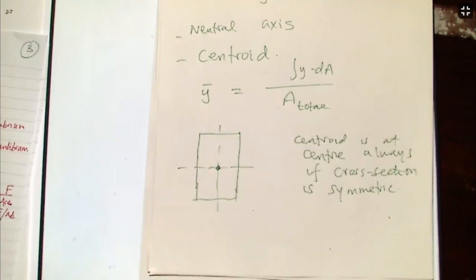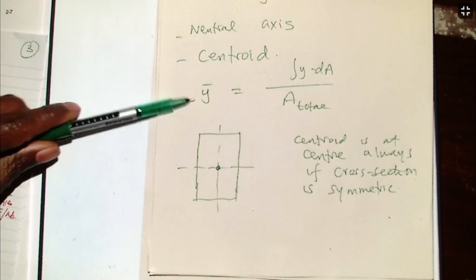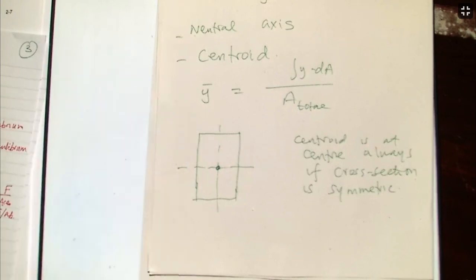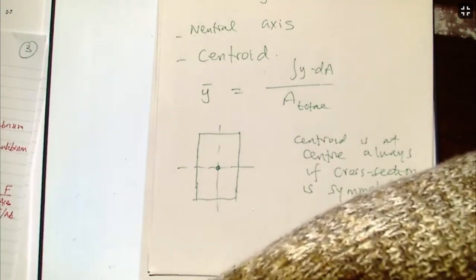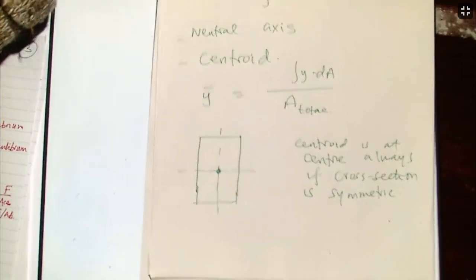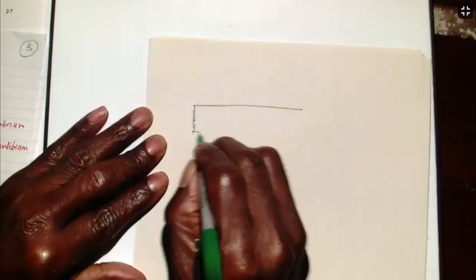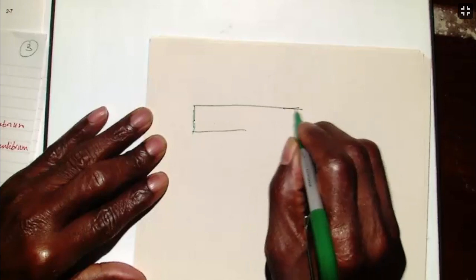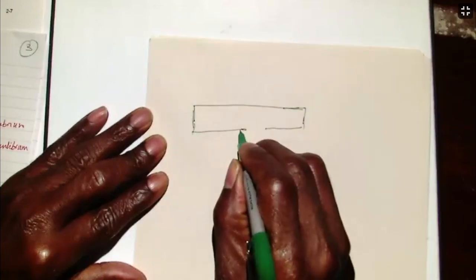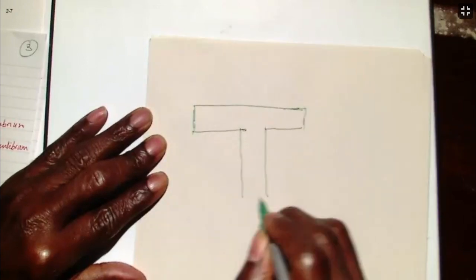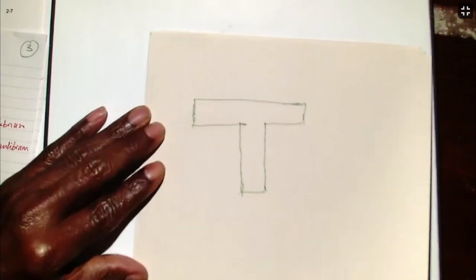But if the cross-section is not symmetric, I'm going to show how we use this to find where the centroid is. I'm going to use a T cross-section. So let's assume we have something like that.